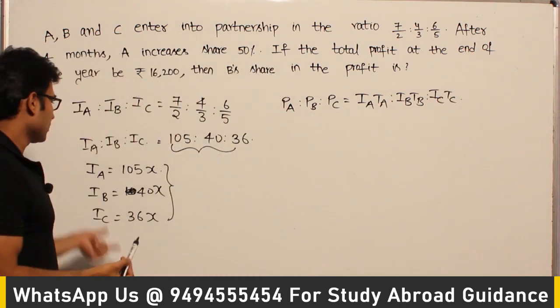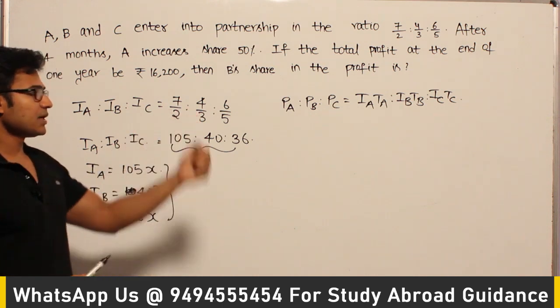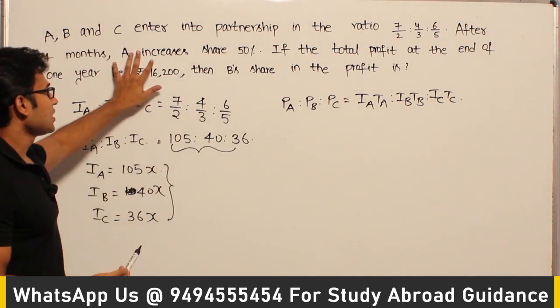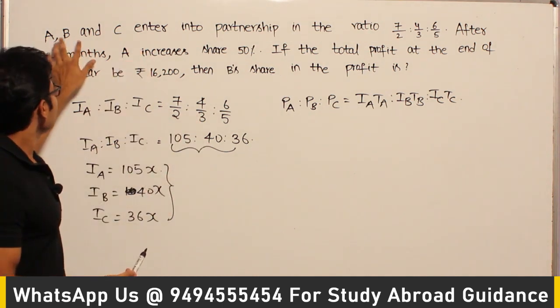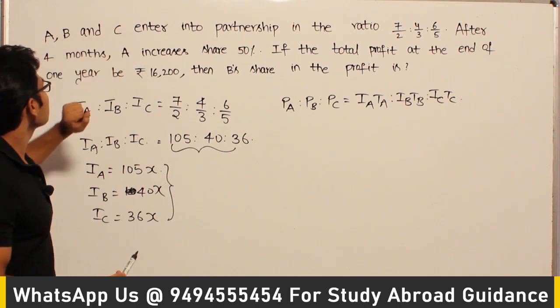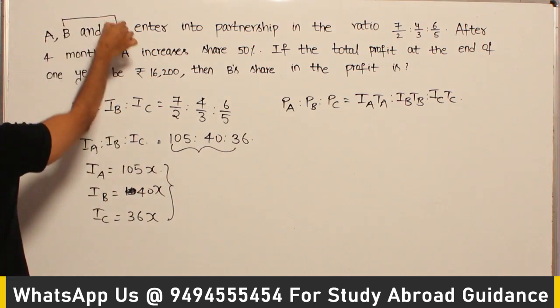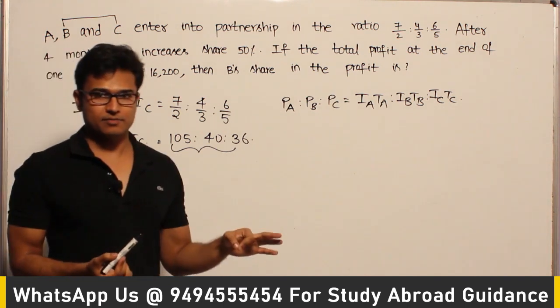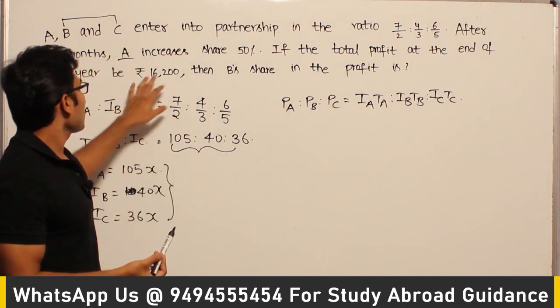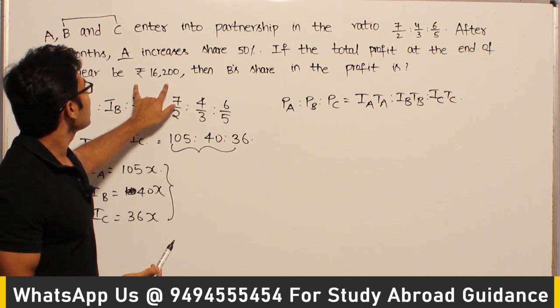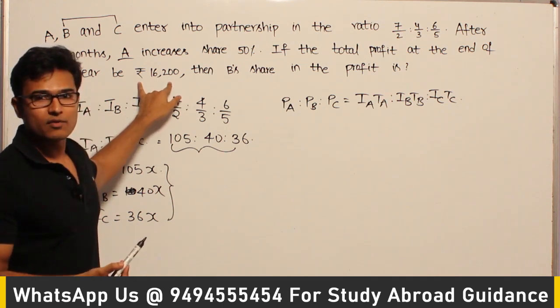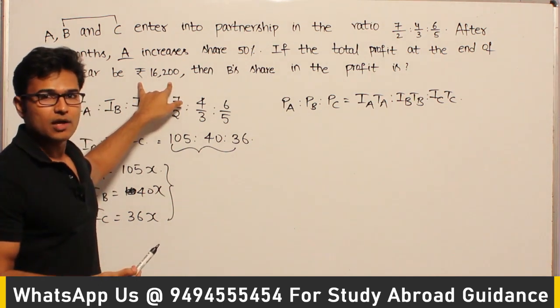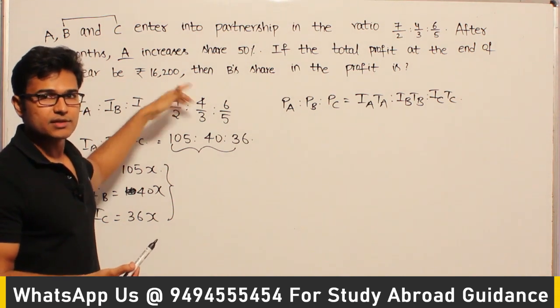Here we got the investments, but we didn't get the times. Now if you observe, both B and C are not changing anything. Only A is changing the share for some time. Therefore, time for all of them is going to be 1 year, but the only thing is, A is changing his investment.